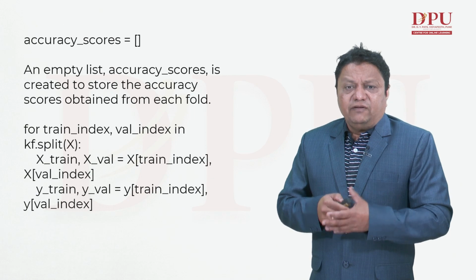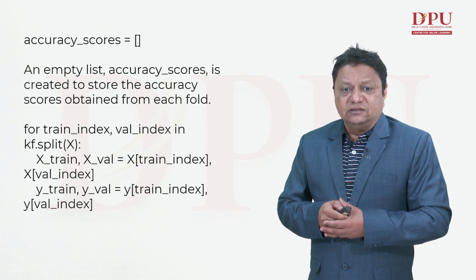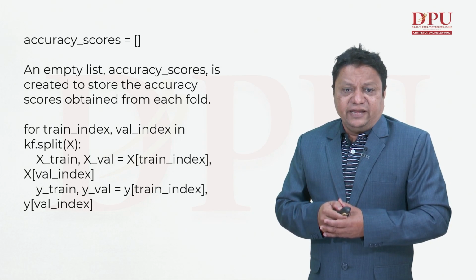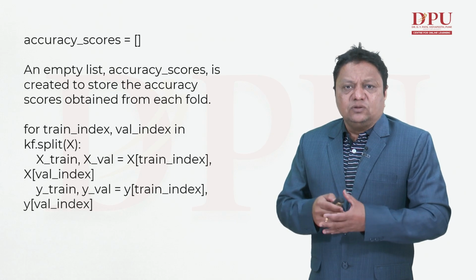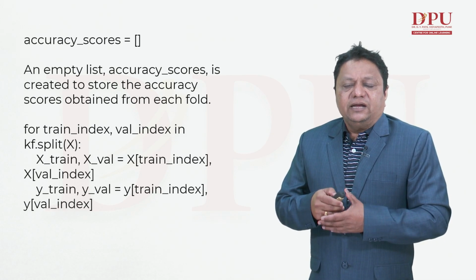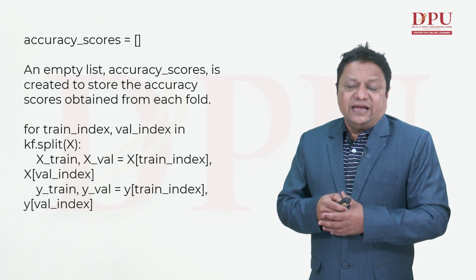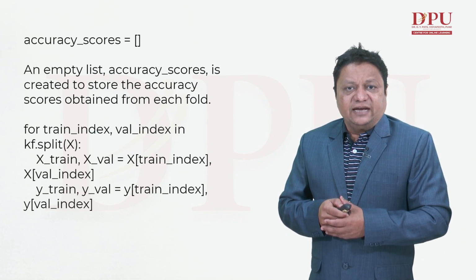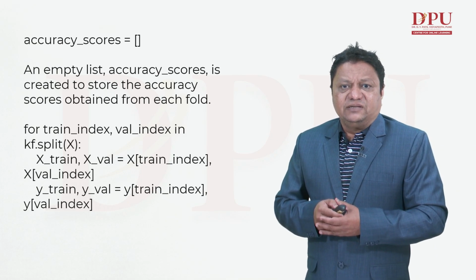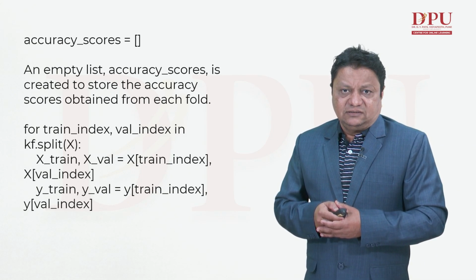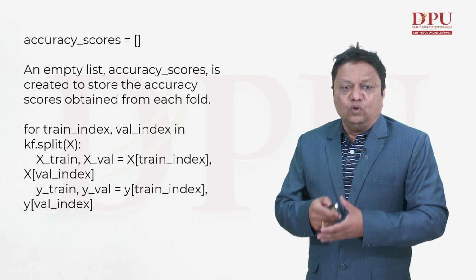The next line will define the for loop, that is for train_index, val_index in kf.split(x). So this loop is going to be repeated for each fold. x, as we have seen in the previous slide, represents the data set.